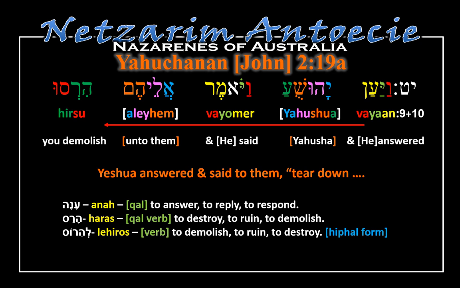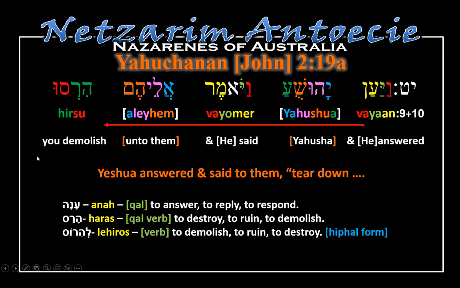Vaya'an, and he answered. Its root is ana, which is a kal verb to answer, to reply, to respond. And he answered, Yahushua, Vayomer, and he said, Alehem, unto them.